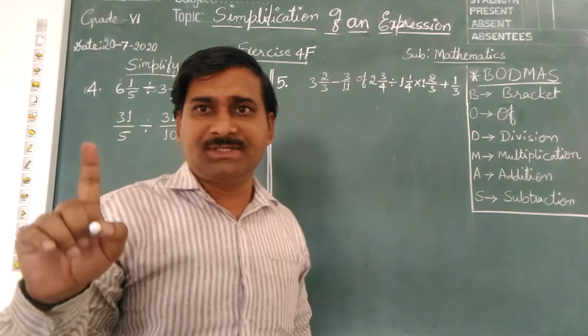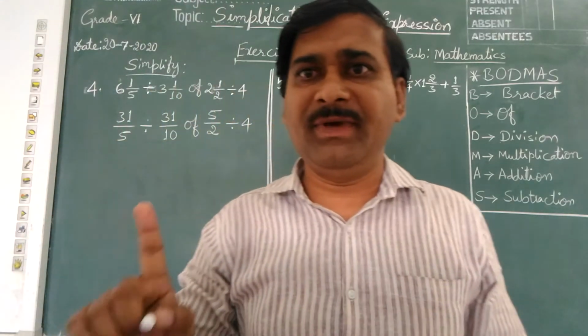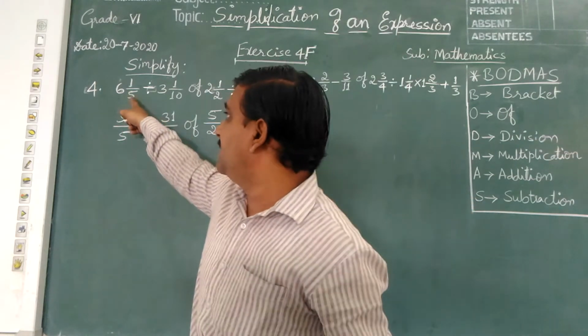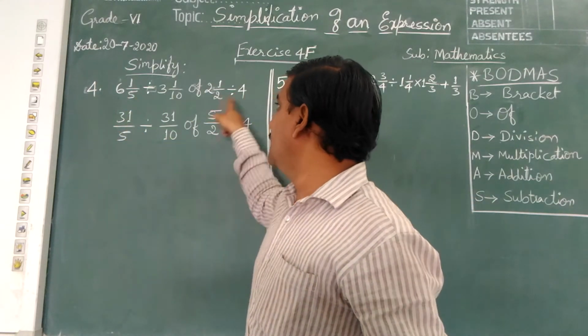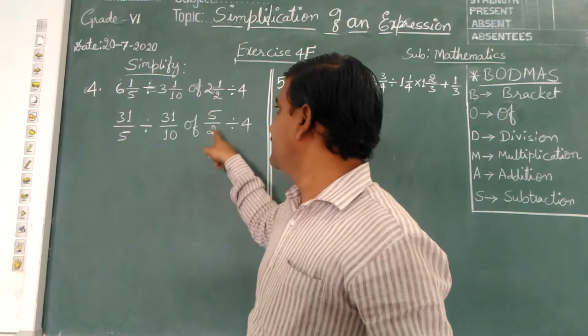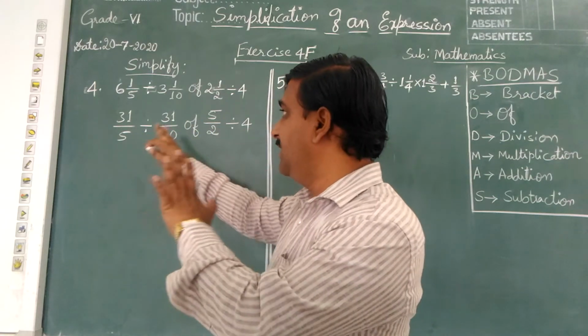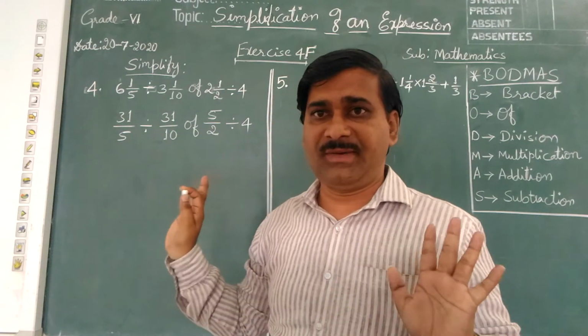See children, in the first step nothing is done, only mixed fractions are converted to improper fractions, and the remaining operations are kept as they are.